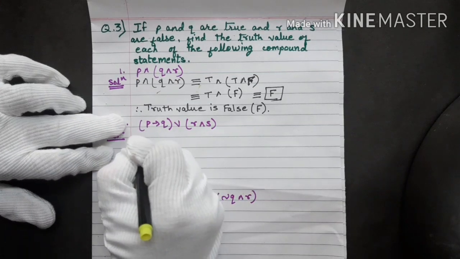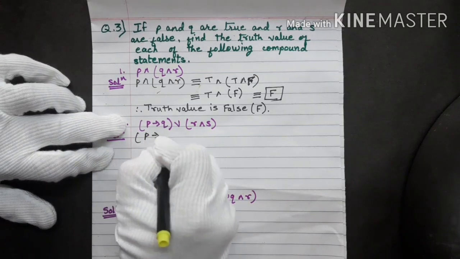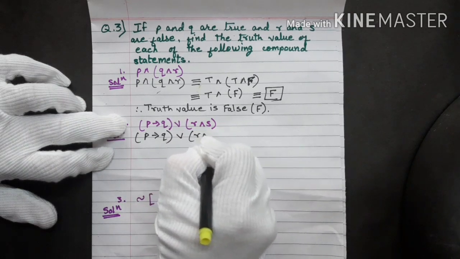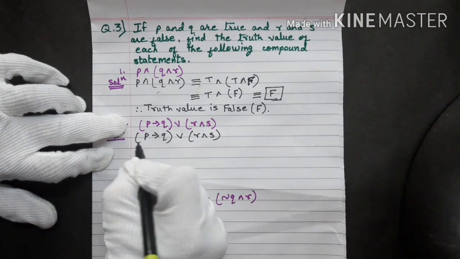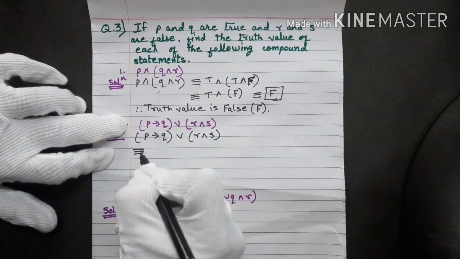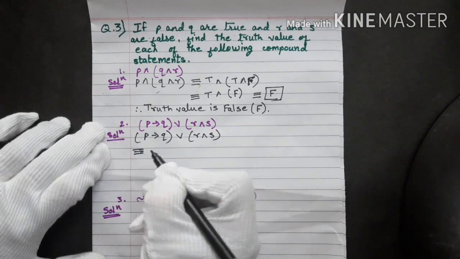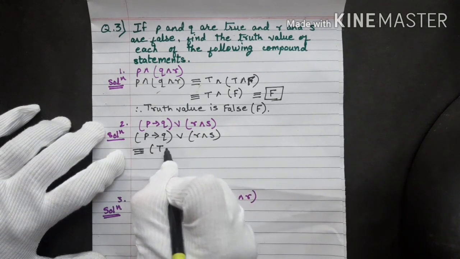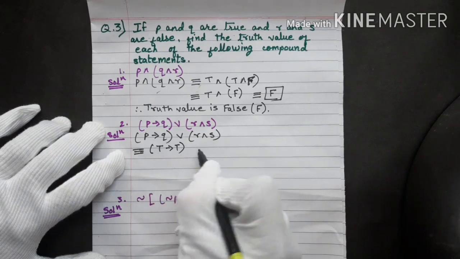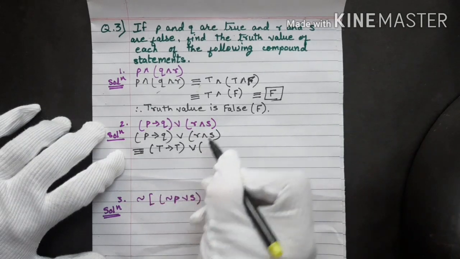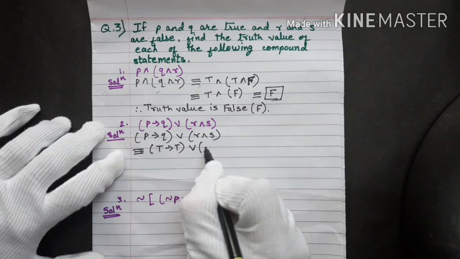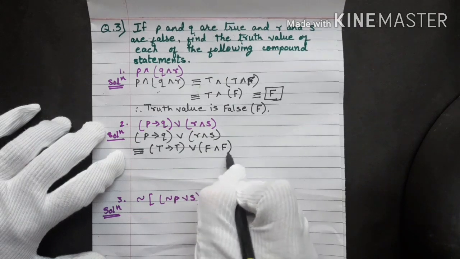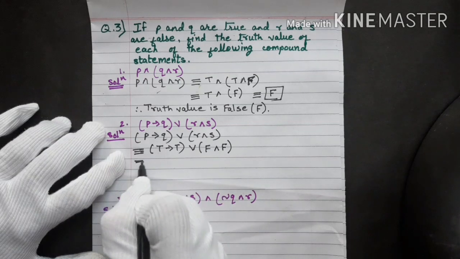The next one, P implies Q or R and S. So first let us write the statement P implies Q or R and S. Now this is equivalent to, your P and Q are true, so T implies T, or R and S are false, so F and F. So brackets first.